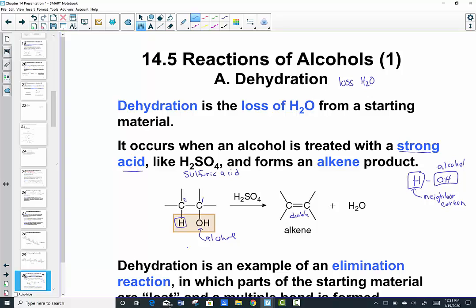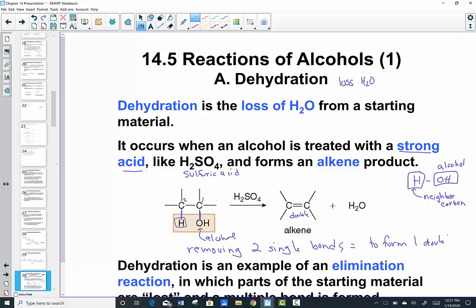Removal of two single bonds. Notice two bonds are being broken, a single bond to carbon hydrogen and a single bond to hydroxyl, the OH, removing two single bonds to form one double bond in an alkene functional group.